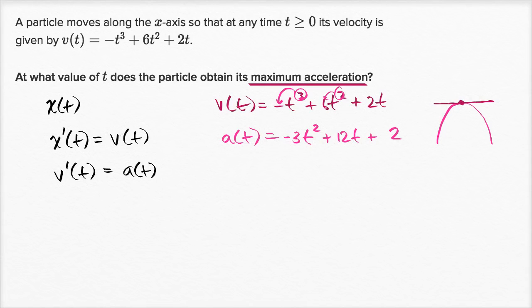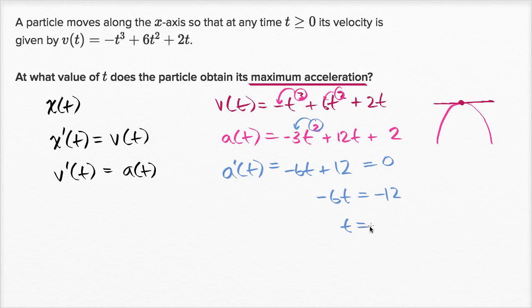The first derivative, the rate of change of acceleration, is going to be equal to negative 6t plus 12. Now let's think about when this equals 0. If we subtract 12 from both sides, we get negative 6t is equal to negative 12. Divide both sides by negative 6, you get t is equal to 2.